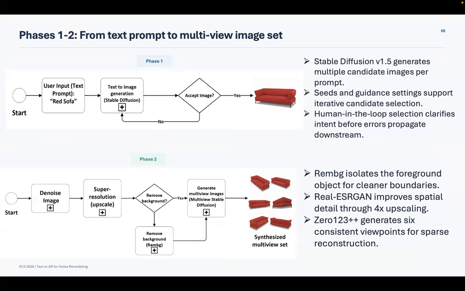Specifically, in phase one, currently we rely on stable diffusion that is used to translate a natural language prompt, such as a modern red two-seater sofa, into several candidate images. Now, once we generate several candidate images using stable diffusion by varying the random seed and generation settings, the objective is not to automatically accept the first image.